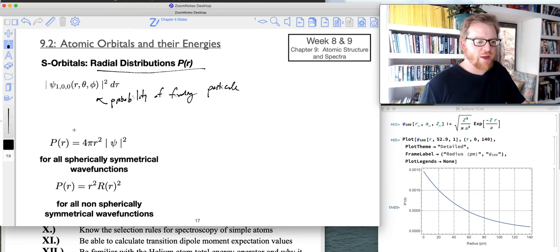If I put this whole thing together, as it turns out, I'm not going to show this derivation, but for all spherically symmetrical wave functions, we can create this probability distribution by going 4 pi r squared times psi squared.